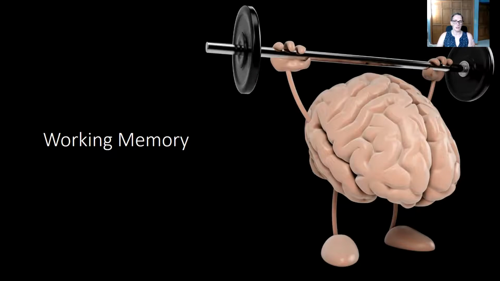And most of that is because working memory itself reflects the processes that are involved as well as the storage. So you might notice your students have a higher or a lower span of working memory.